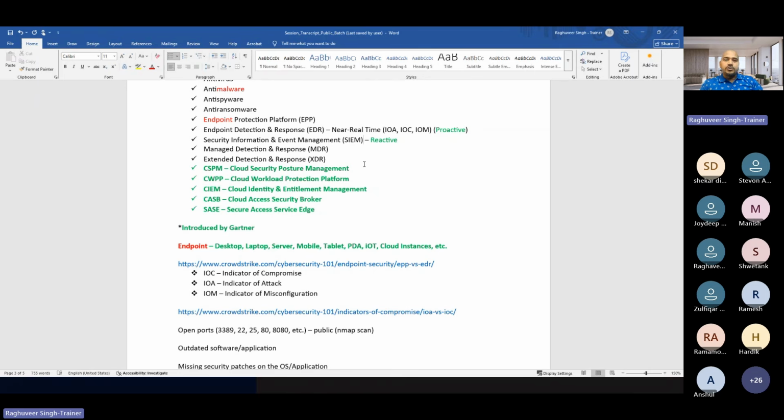For example, routers and switches, firewall, your VPN solution, printer.